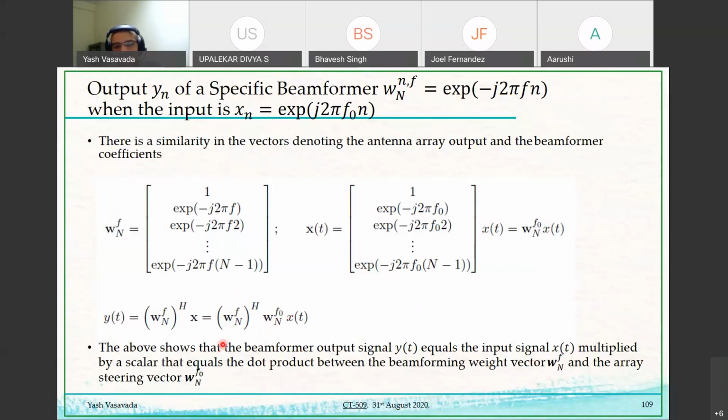The question is, what was the formulation of this dot product? Anudeep? Everyone is silent. I don't know.